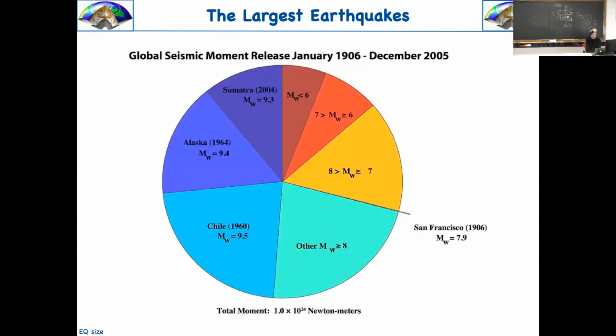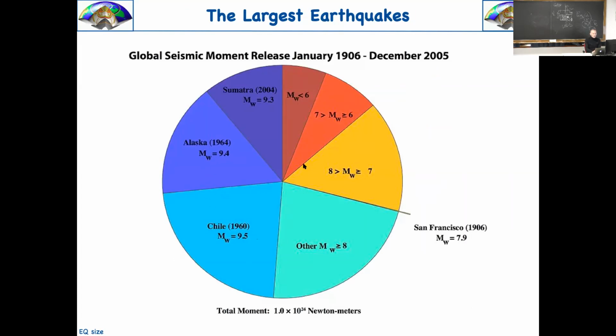And remember also, due to this logarithmic nature of magnitude, if you look at the global seismic moment release from 1906, the first instrumental earthquake, to just after the Sumatra event, in this pie chart you see that the giant part is related to mega earthquakes.